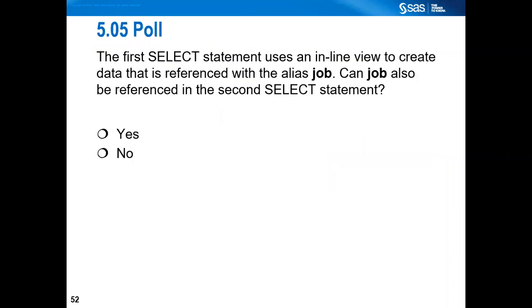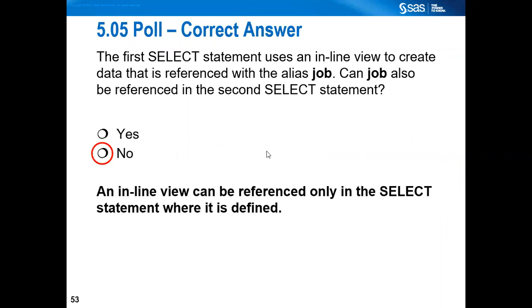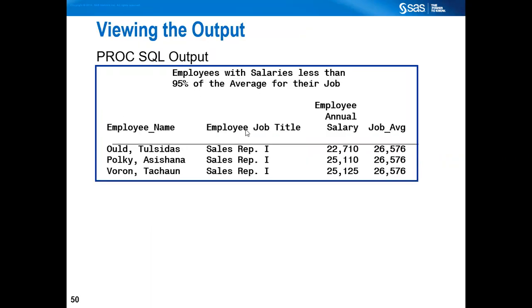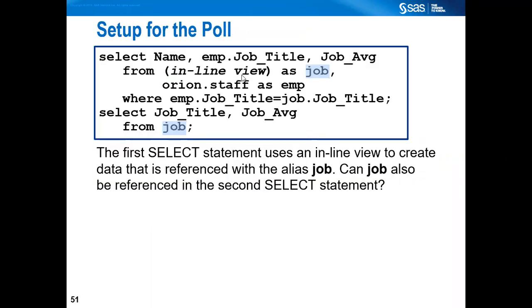So the first select statement uses an inline view to create data that is referenced with an alias job. So here it's telling no. An inline view can be referenced only in the select statement where it is defined, that is here. Hence, it is mostly recommended to use inline views when you're writing complex queries with huge data.